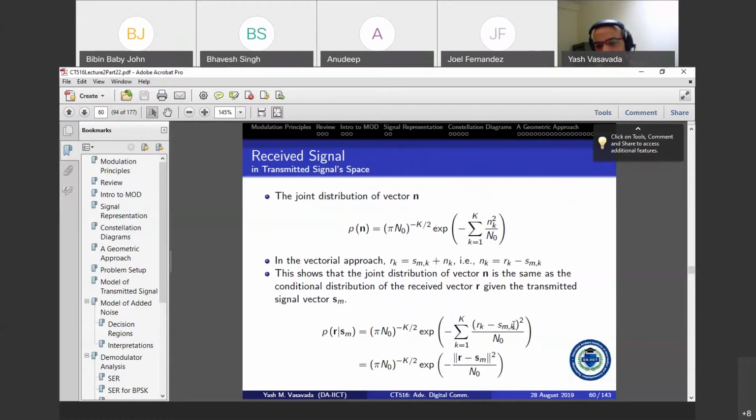And then Sm of K is the coordinate of the particular transmitted symbol. And so therefore, this expression is the conditional probability of vector R given that S of M was transmitted and given that the noise is Gaussian.